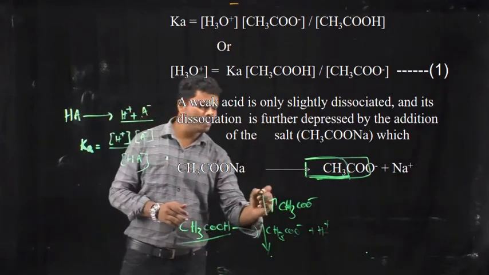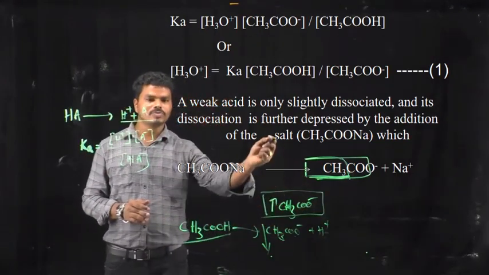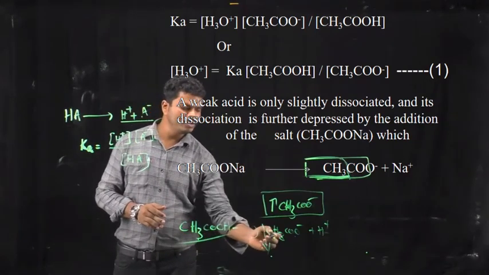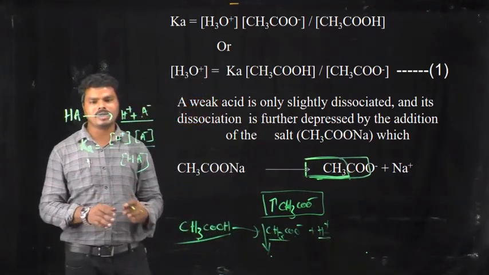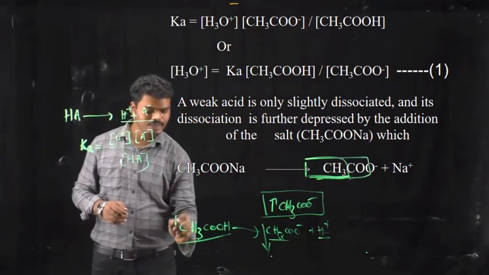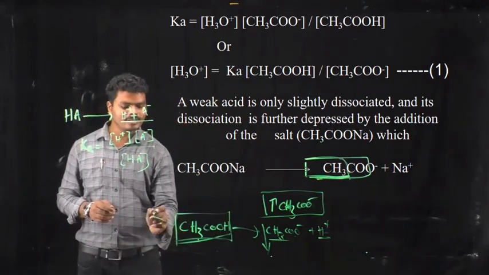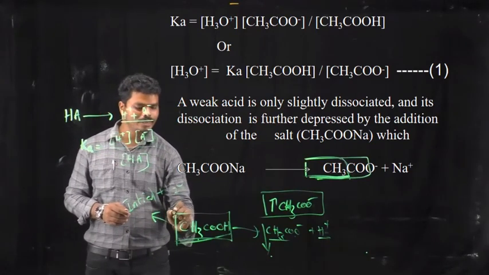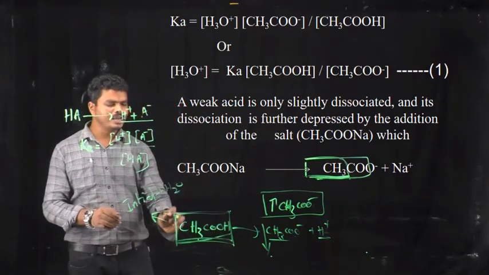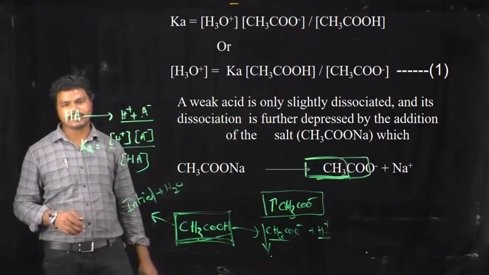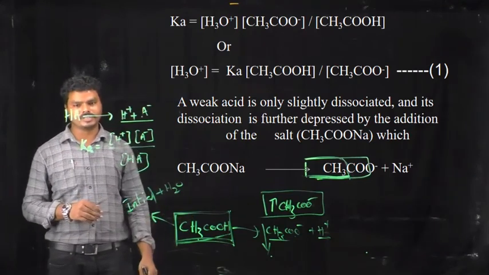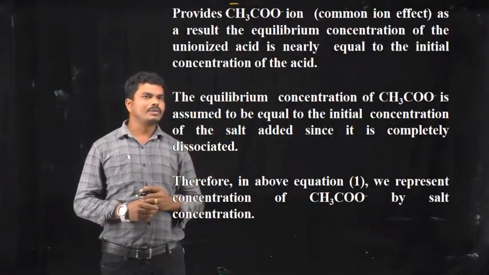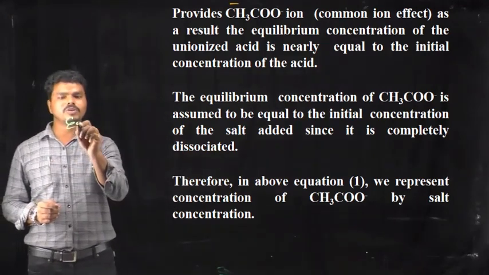But due to the common ion effect of the acetate ions produced from the sodium acetate, the dissociation of acetic acid into acetate and H plus ions is suppressed. So the acetic acid is retained as such in the water, at the same concentration as its initial concentration, without any dissociation.